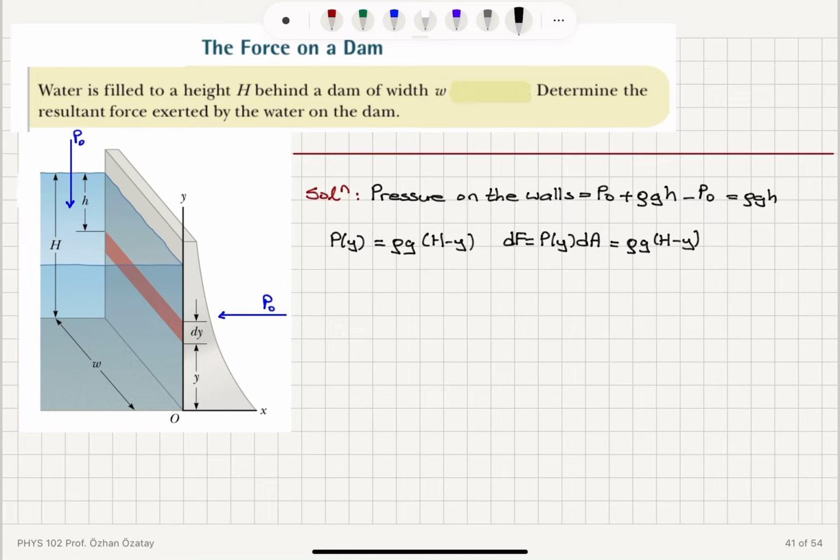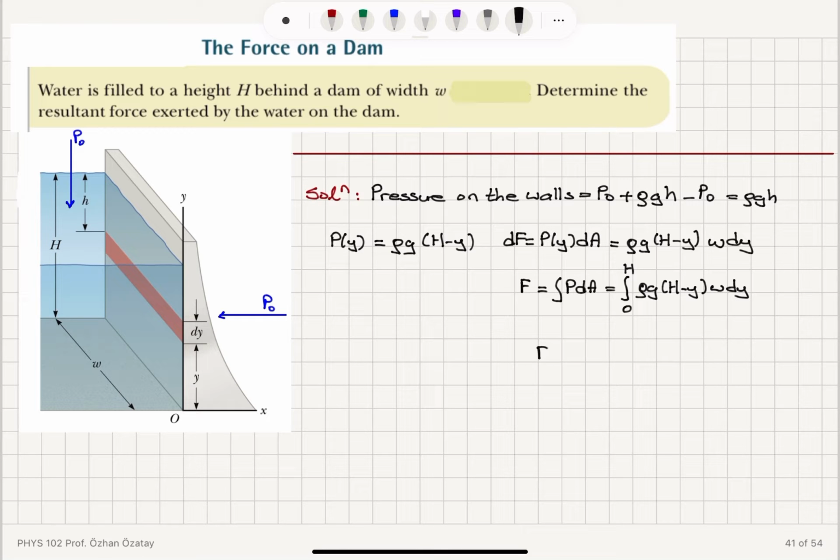Well, for the area, you can see here we have the width W multiplied by dy. So this is going to be W dy. And the total force that we will see on the wall will be the integral of P dA. So this will be integrated as y goes from 0 to capital H, all the way from the bottom to the top of the water. This will be rho g (capital H minus y) W dy.